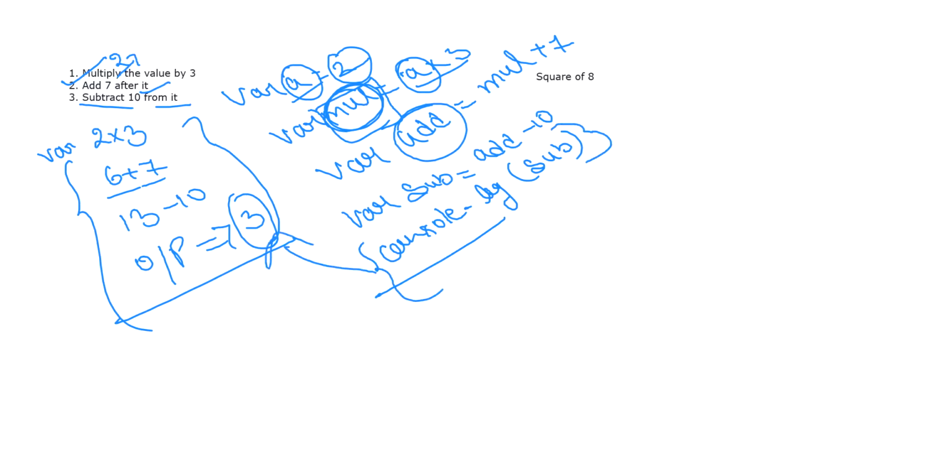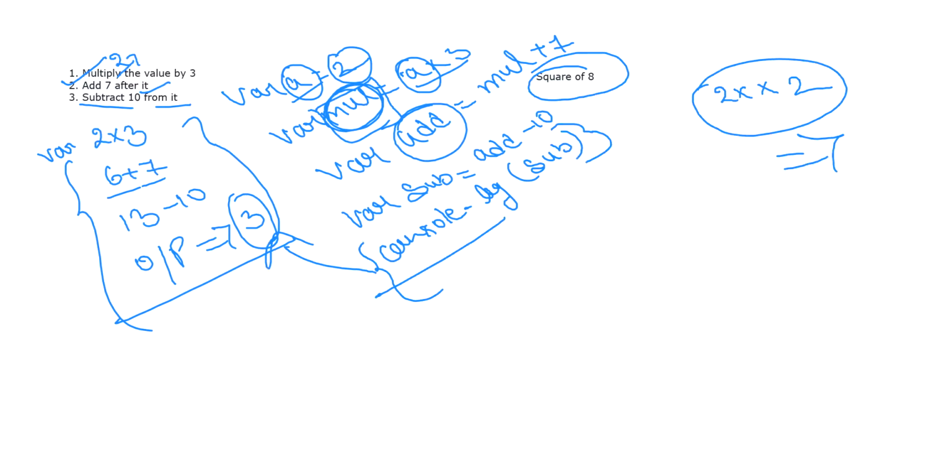Yesterday we explained the square, so you can try this. How do you write a square? In math, it's 2 raised to the power 2, which means 2 times 2. Inside the code, how do you write a power?